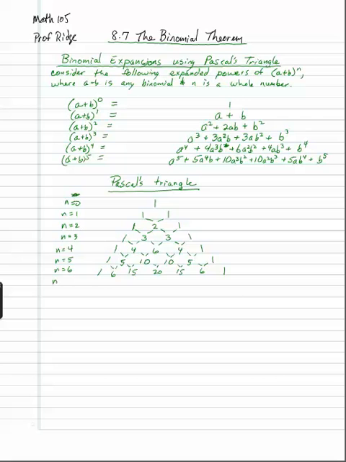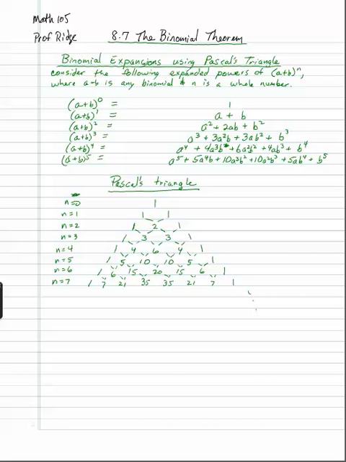And then let's do one more. N equals 7, you're going to get 1, 7, 21, 35, 35, 21, 7, 1. Okay, so you can keep going. That's Pascal's triangle.